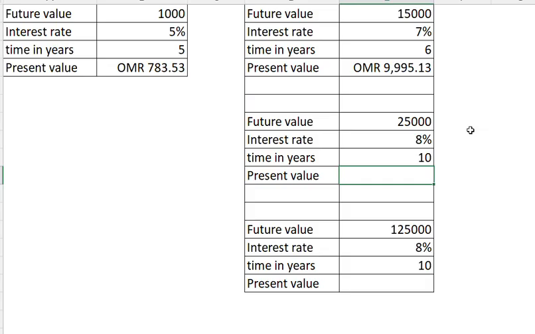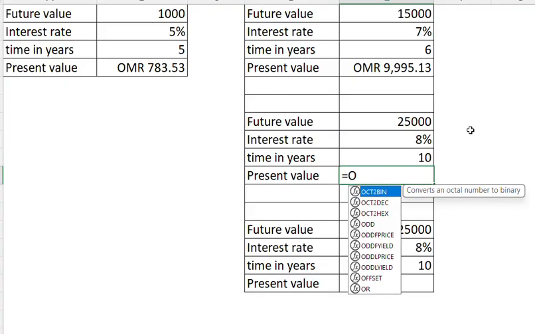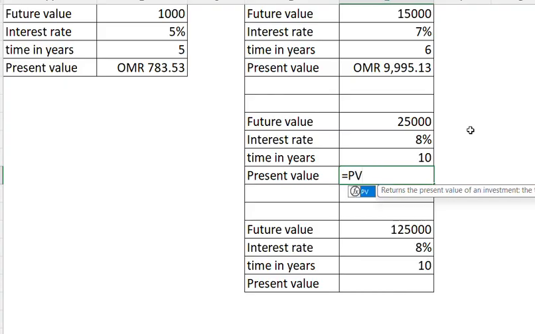Now I will show you how to calculate using the Excel. Again equal to, now we want to calculate present value. So what will we type? PV, present value PV. You can see it in the blue color, double click. Now the entire formula is available. Rate, click on the rate, that is interest rate, comma, nper means number of periods, that is time in years, 10 years.